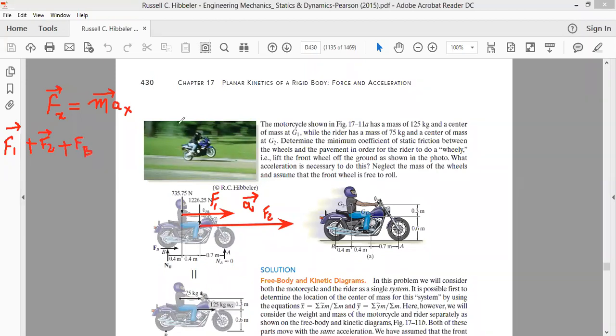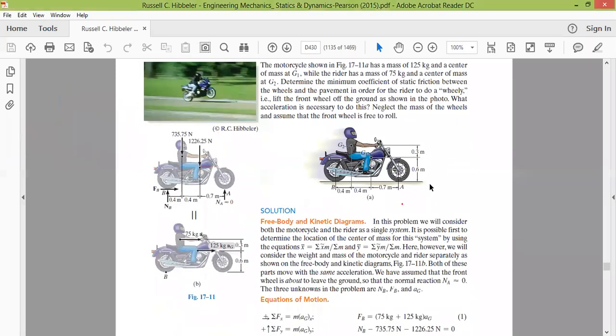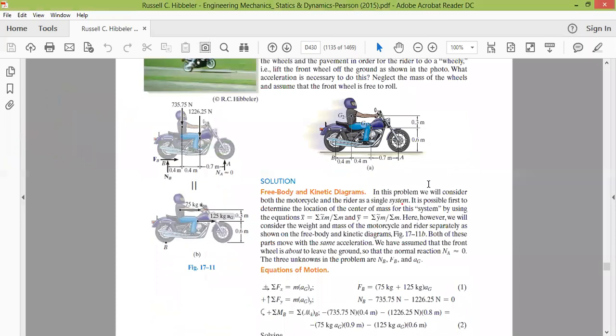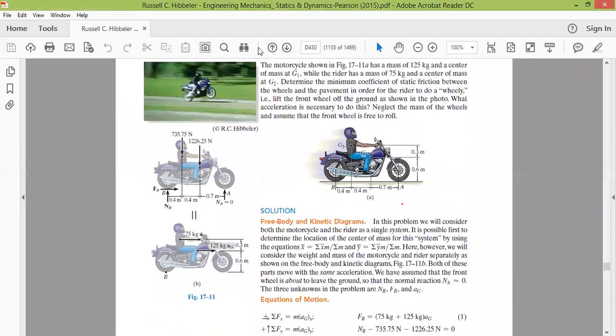Before I write this FB, let me first use the first equation of motion as written here. Forces acting along x-axis: you are having one force acting in this direction, another force acting in this direction. I write the summation of all the forces along x-axis.